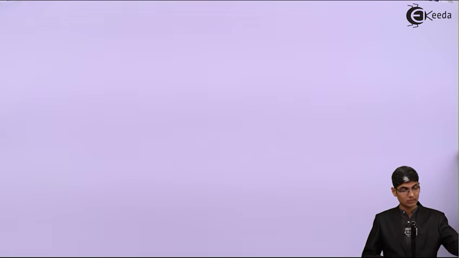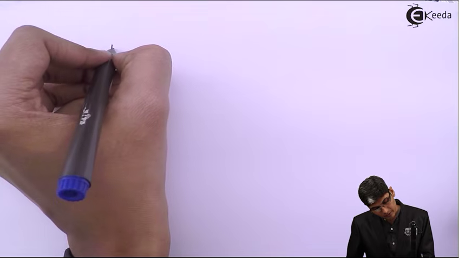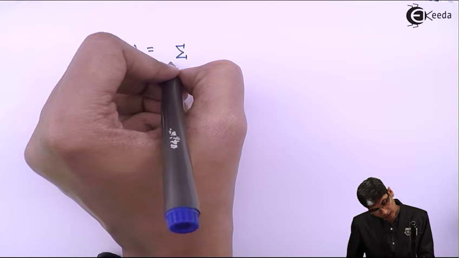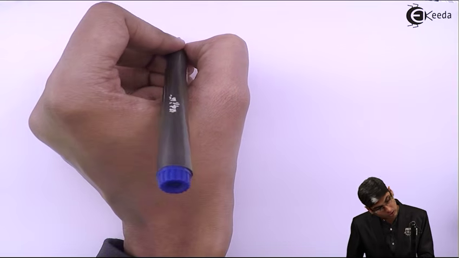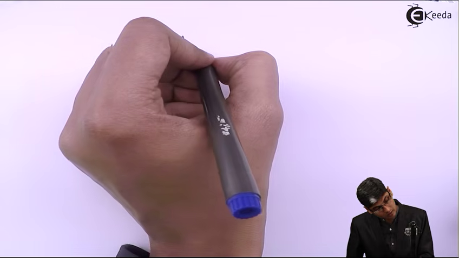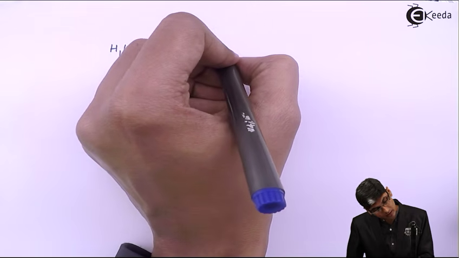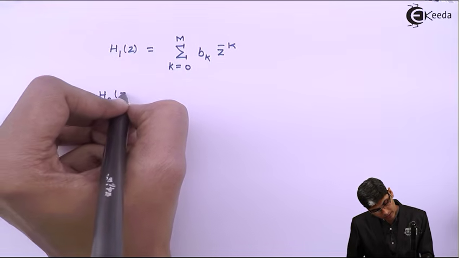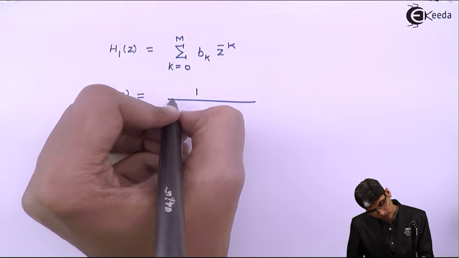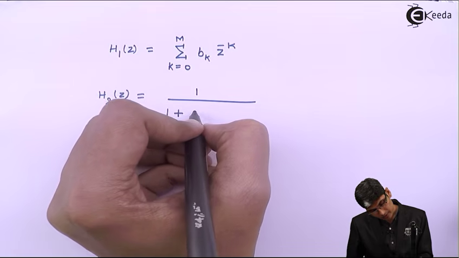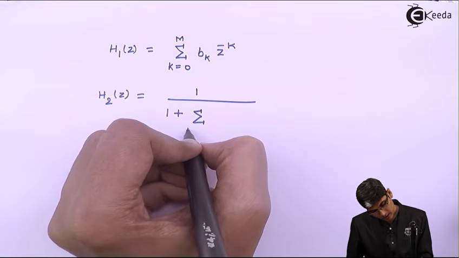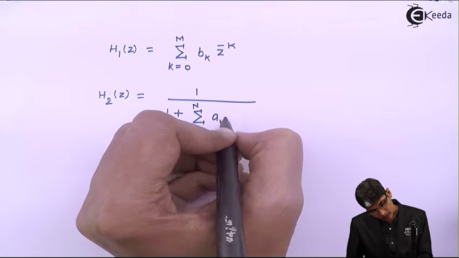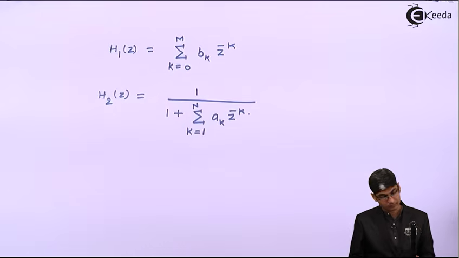H1 of z is equal to summation k equals 0 to M, b of k z raised to minus k, and H2 of z is equal to 1 upon 1 plus summation k equals 1 to N a k z raised to minus k.